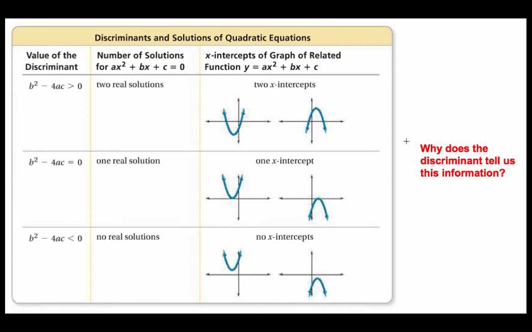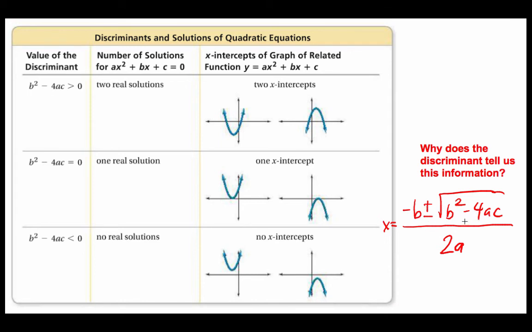One question I was thinking is, why does the discriminant tell us this information? Well, think about the whole quadratic formula. If the value under the radical is greater than 0, then there are two square roots you can get. So we will have negative b plus that value and negative b minus that value.